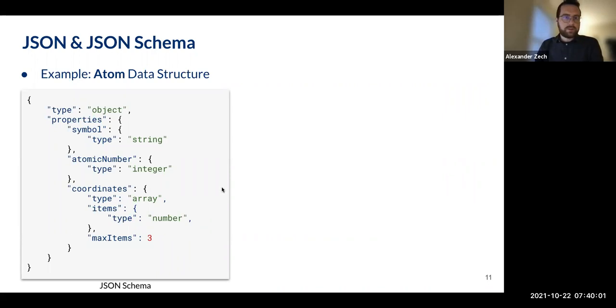And I would like to have certain keys, for example, the symbol, the atomic number as an integer, and then an array of coordinates. So I have to define, first of all, that it is an object, and then all the keys will be collected under the properties. And for each key, I define a certain type.